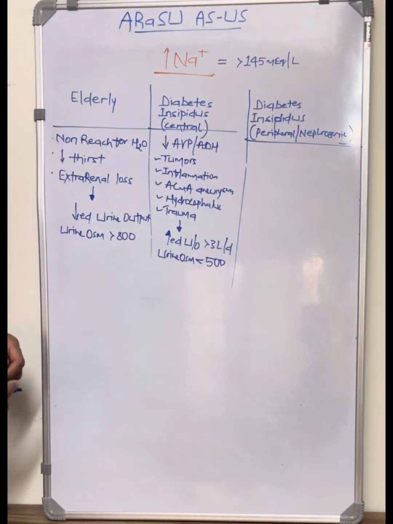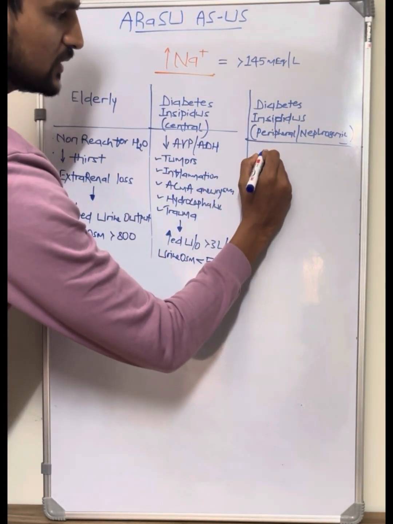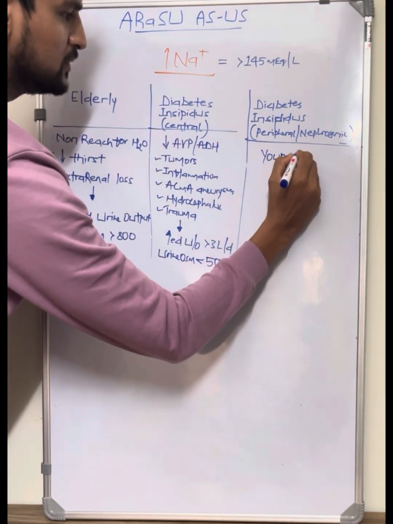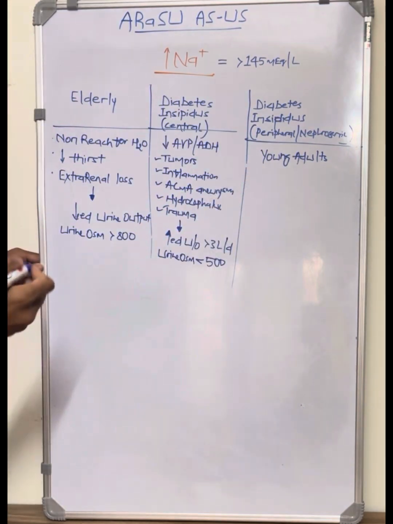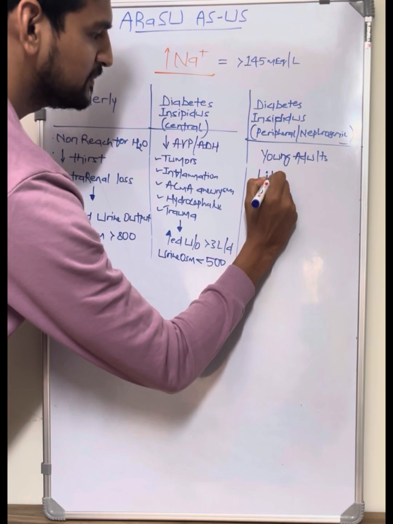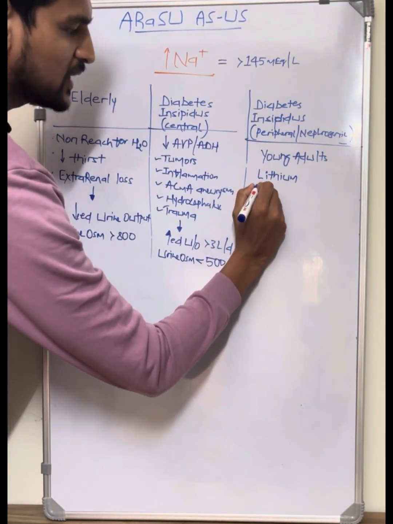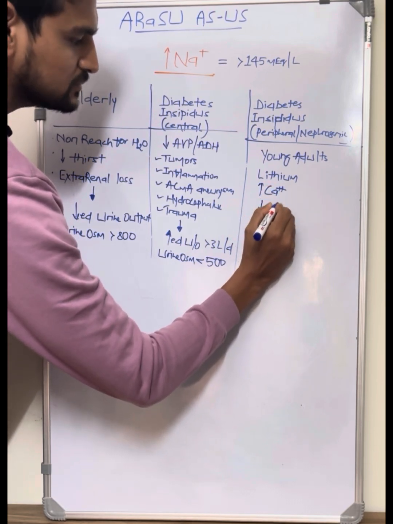And when we come to diabetes insipidus of peripheral cause, that is nephrogenic diabetes insipidus, often the individual will be of young adult age group, and there might be a history of exposure to some metals, such as lithium, or there might be hypercalcemia or even hypokalemia.